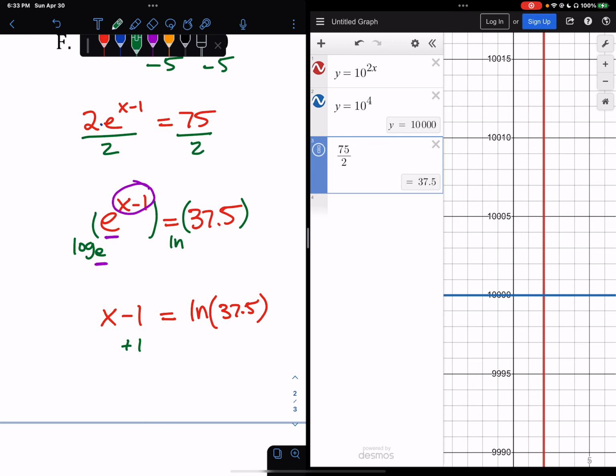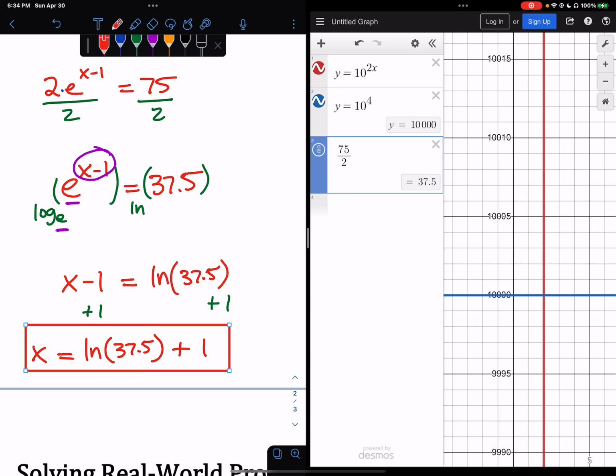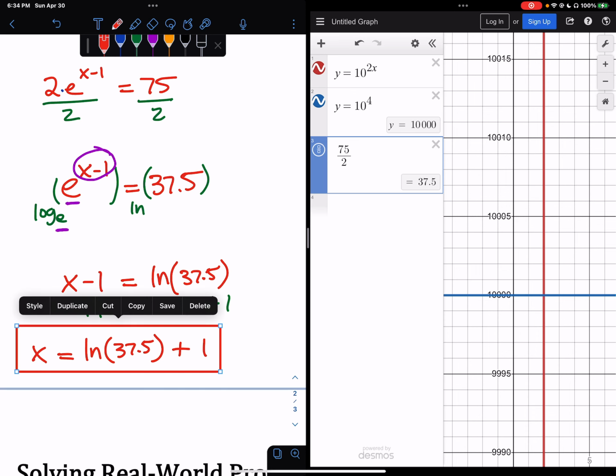The opposite of subtracting is adding, so we're just going to add 1 to both sides. And we get x equals the natural log of 37.5 plus 1. And so that right there is my exact answer, natural log of 37.5 plus 1.